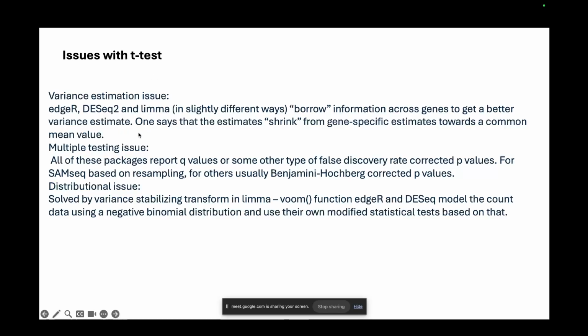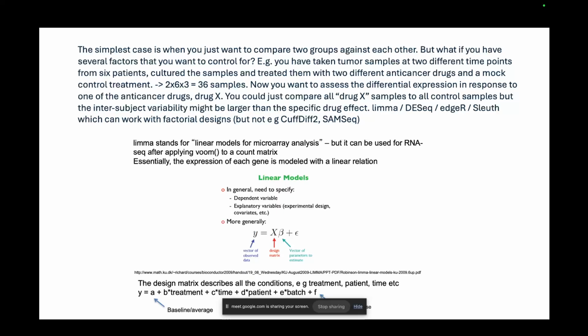It is good, but modern software like edgeR, DESeq2, limma, they use some other variance estimators. I'm not going into details, but again, there are some caveats with the t-test that you need to know before you delve into differential expression analysis using it. So there are other software that can do it in a better statistical manner, right?